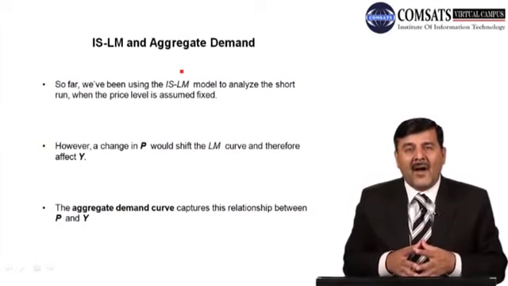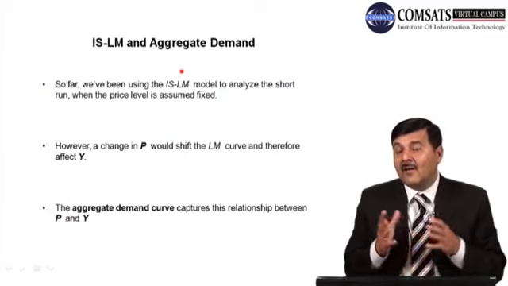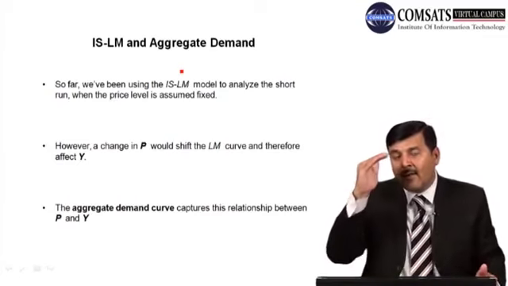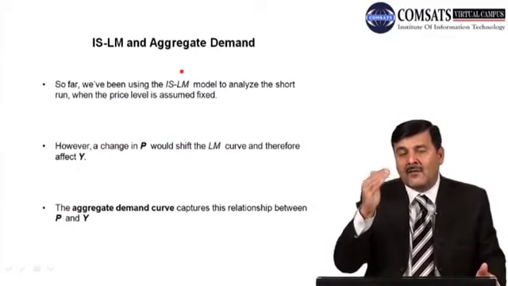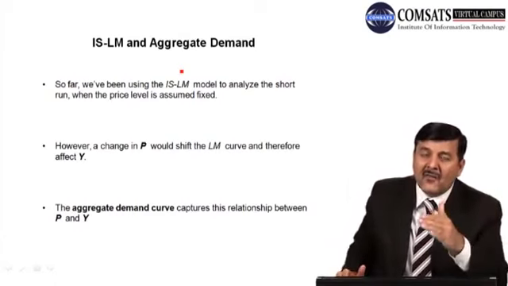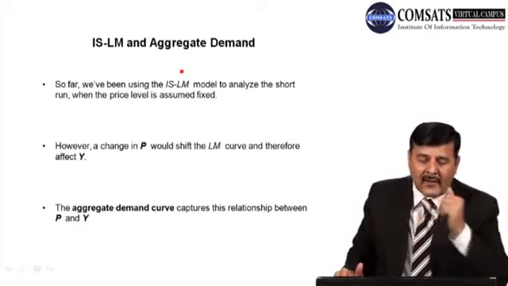But whenever there is a change in price, this will shift the LM curve, because the supply of real money balances is divided by P. Money supply is divided by P.